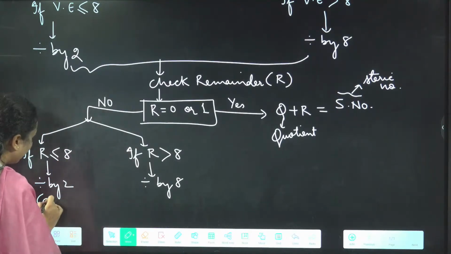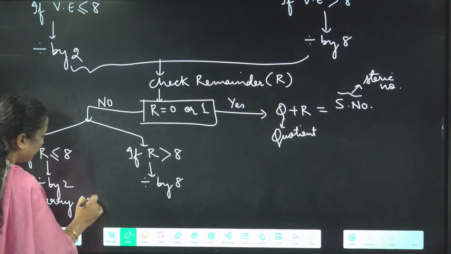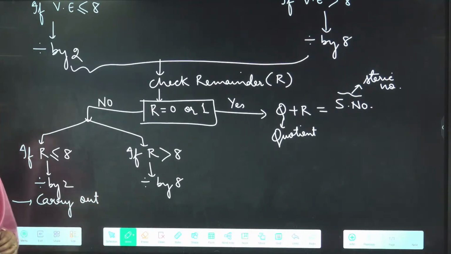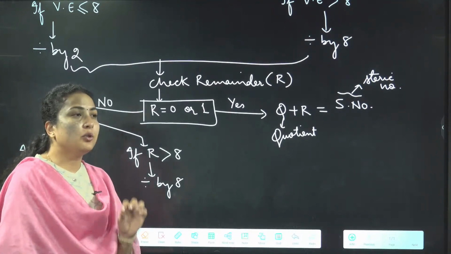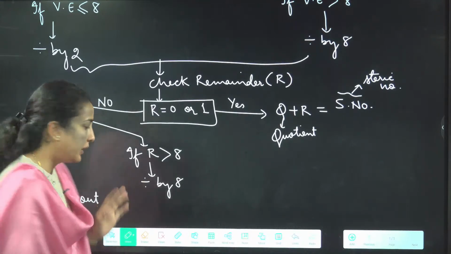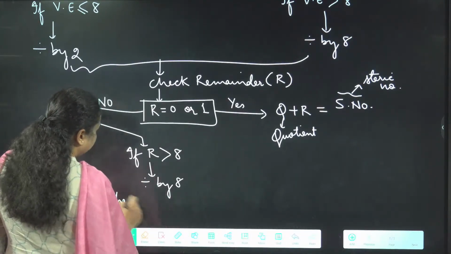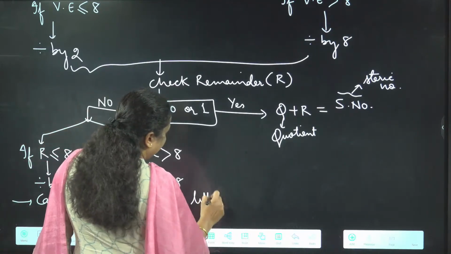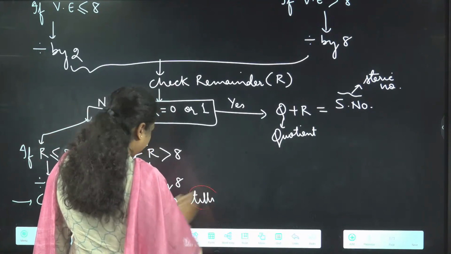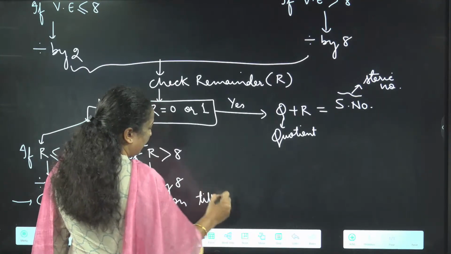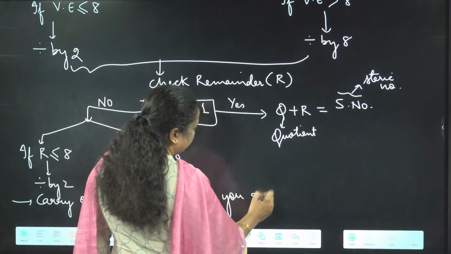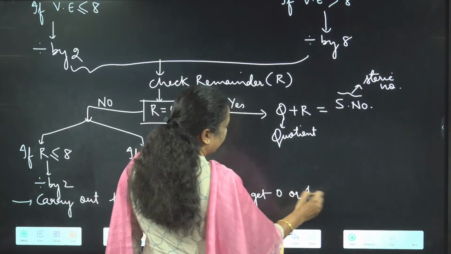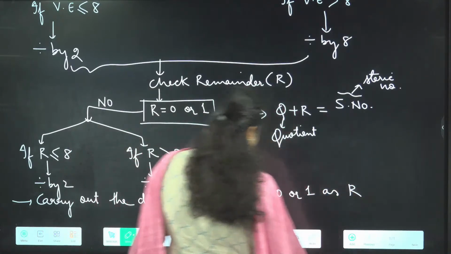Now, till what time do you need to carry out this division process? Till the time you get either 0 or 1 as the remainder, right? So carry out the division till you get 0 or 1 as remainder.